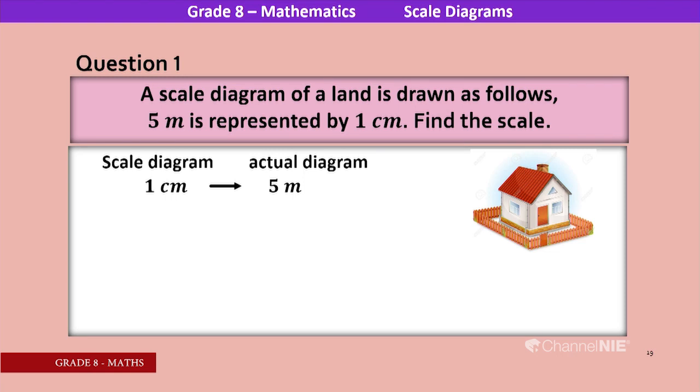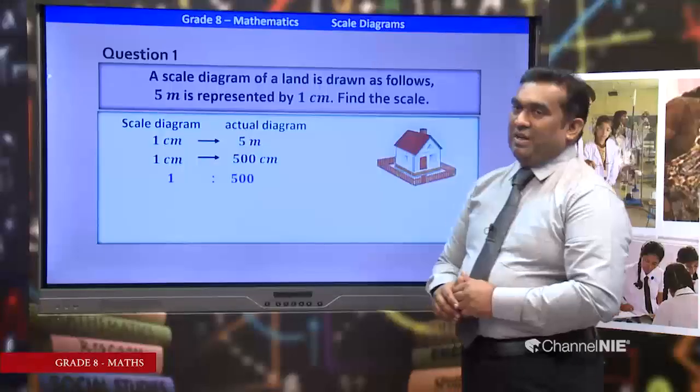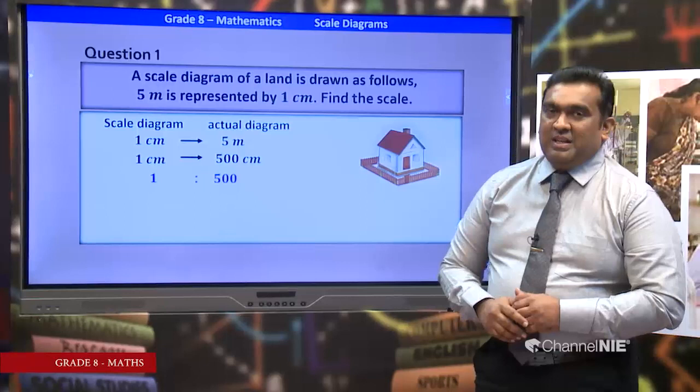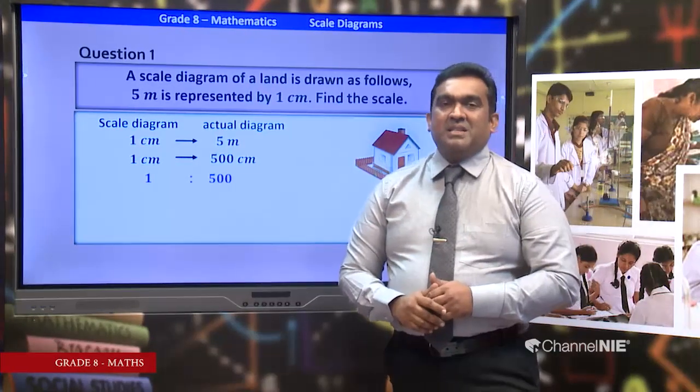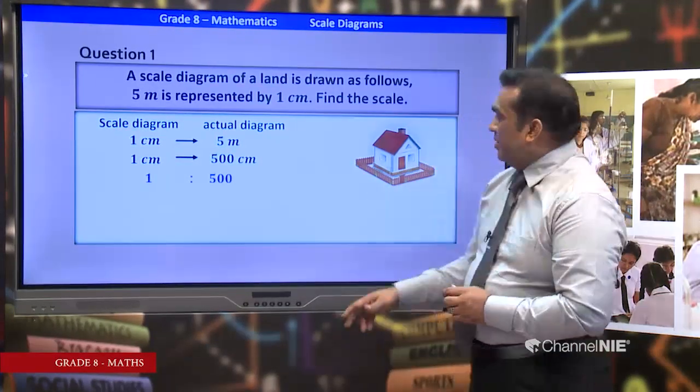Different units. Then 5 meters, convert it into centimeters. 5 multiplied by 100, 500. Now you can see same units. Without considering the unit, 1 is to 500. This is the scale as a ratio.